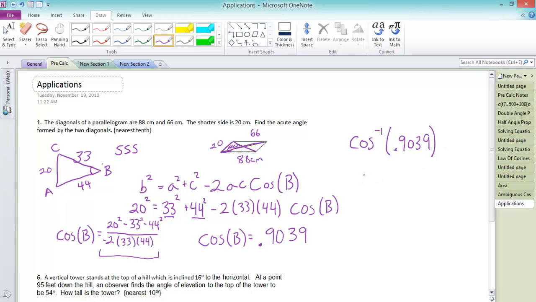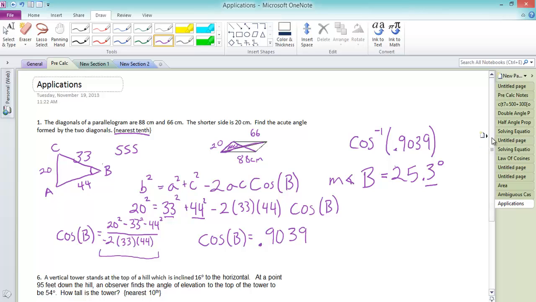And I get that the measure of angle B is 25.3 degrees. And we did it to the nearest tenth because that's what it asked.